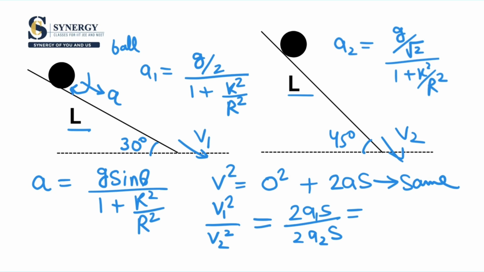In the first case a1 is g by 2 upon something, and in the second case it is g by root 2 upon something, because both are balls, so the denominator will remain the same for them. So it equals g by 2 divided by g by root 2, which is 1 by root 2. So what answer do we have?